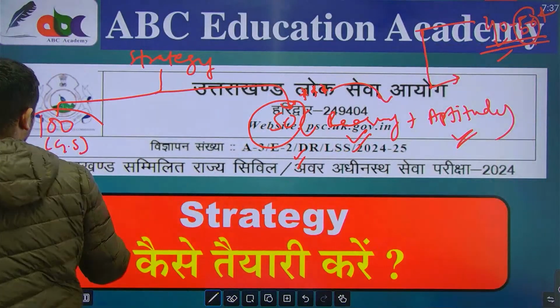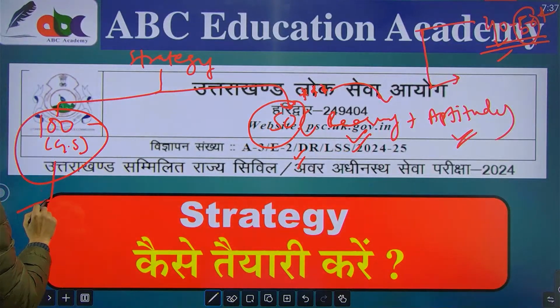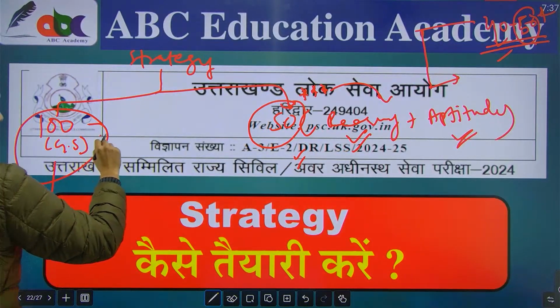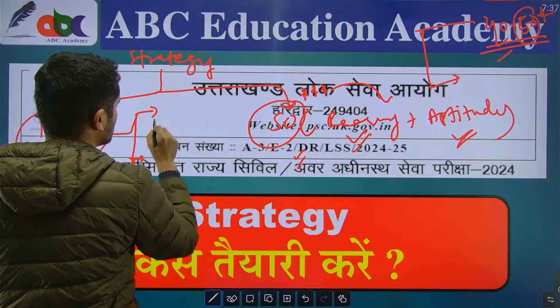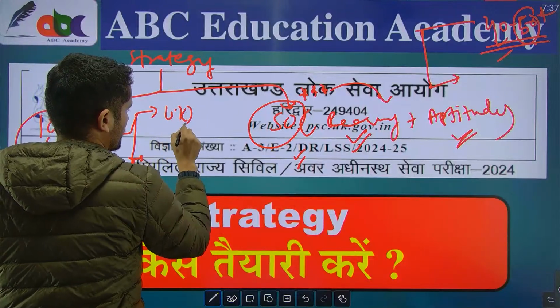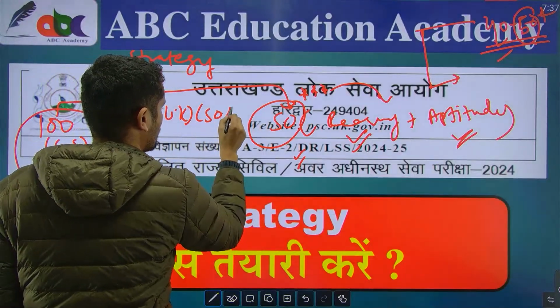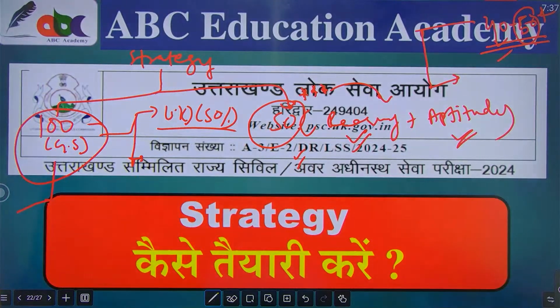For the GS part, the maximum questions you are going to get are from Uttarakhand. 50% of the GS paper will be from Uttarakhand.